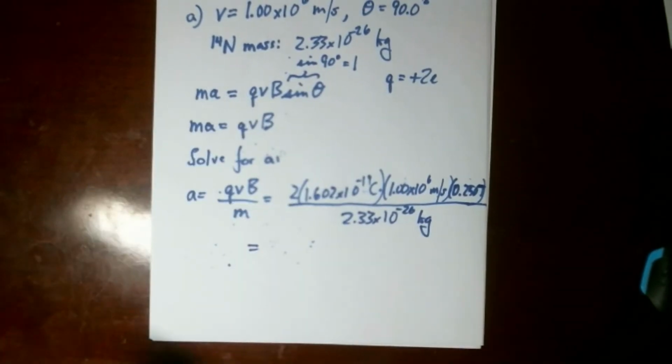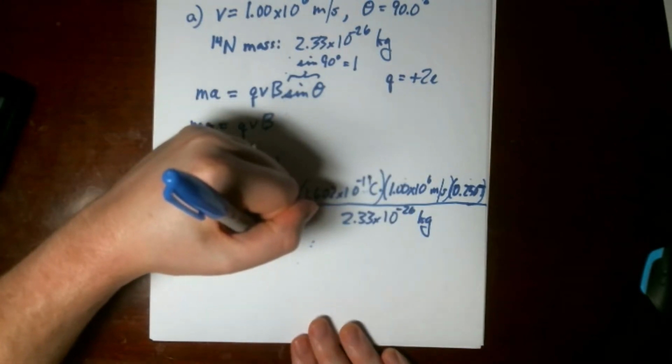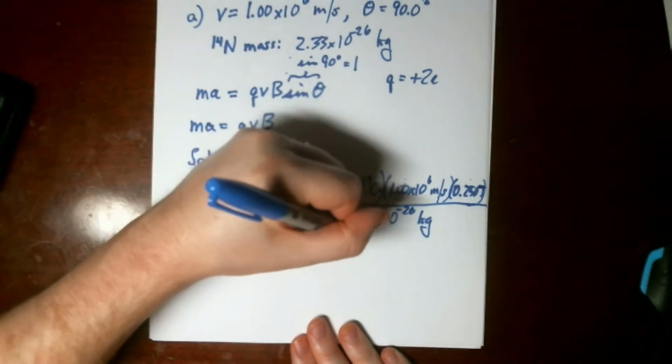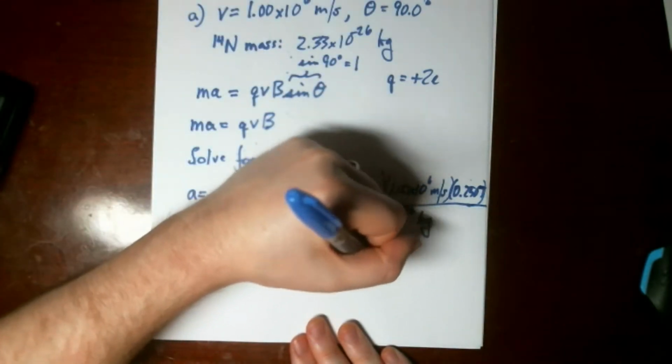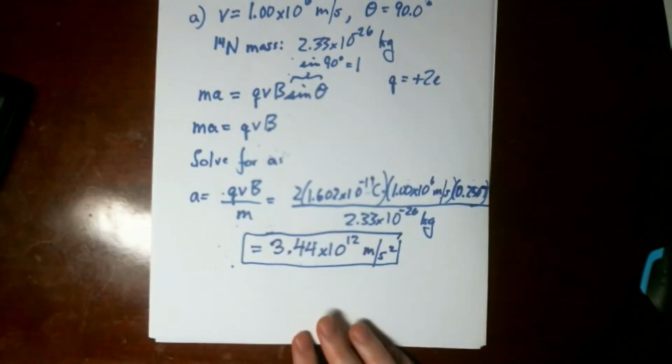And then calculating everything out, we find that the acceleration is really, really large. 3.44 times 10 to the 12 meters per second squared. All right, that's part A.